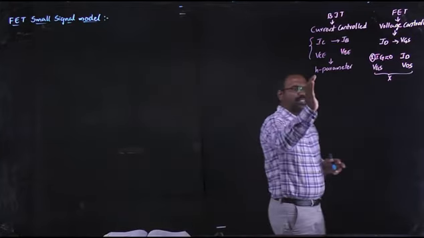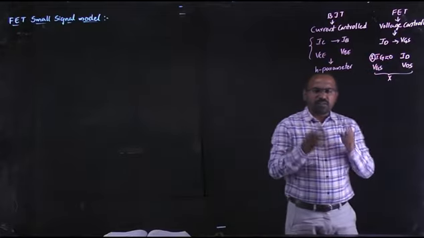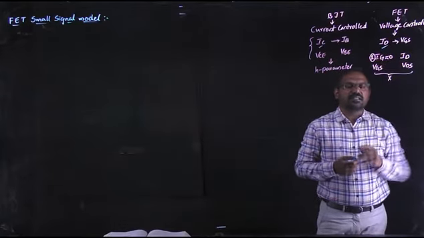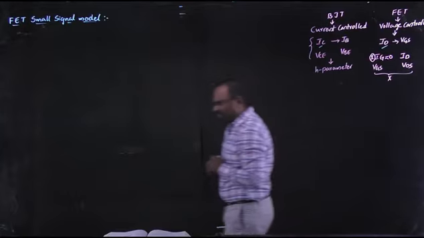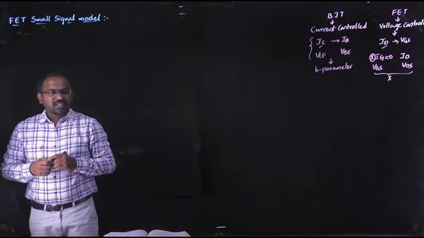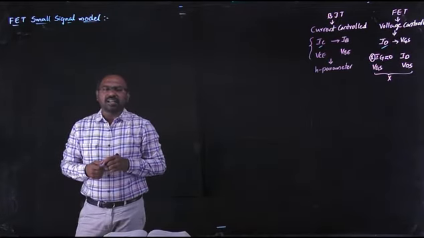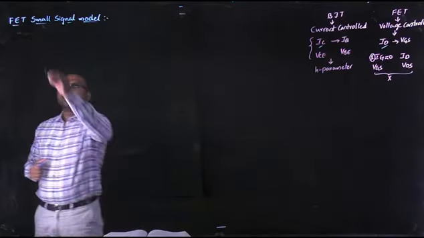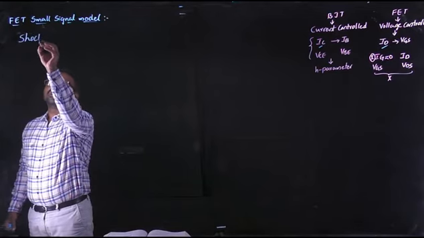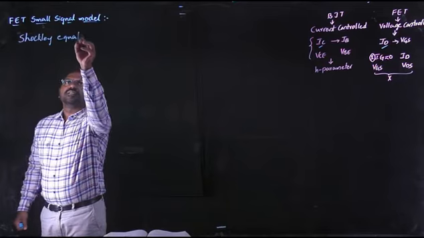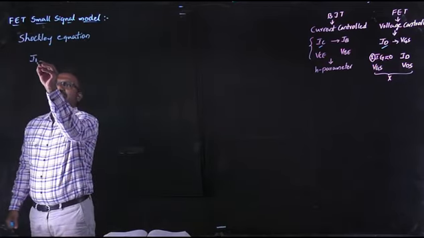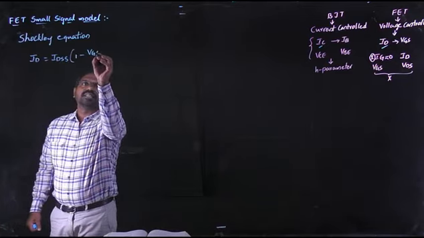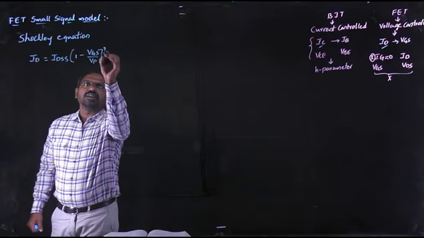Whether it is a BJT or the field effect transistor, the first thing we have to concentrate on is the output current, here the output current ID. In the case of the field effect transistor, while studying the characteristics, we derived a relationship between the output current ID and the input voltage using the Shockley equation, which is given by ID is equal to IDSS into 1 minus VGS by VP whole square.